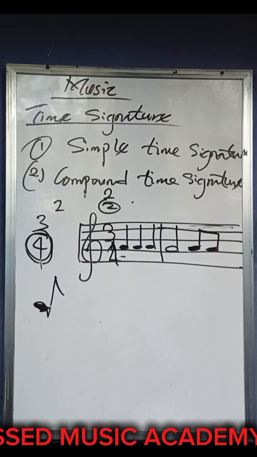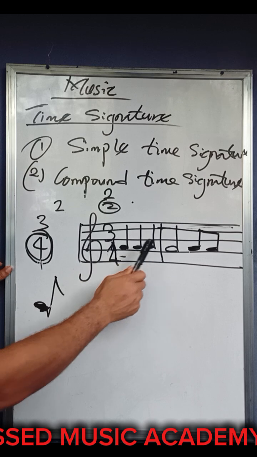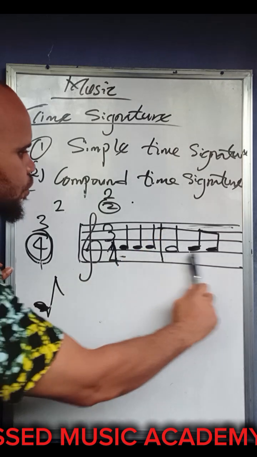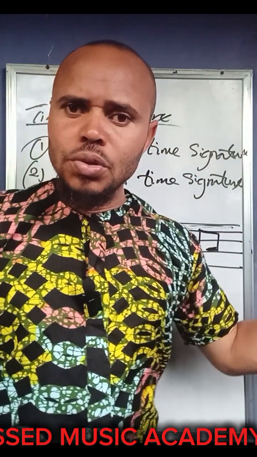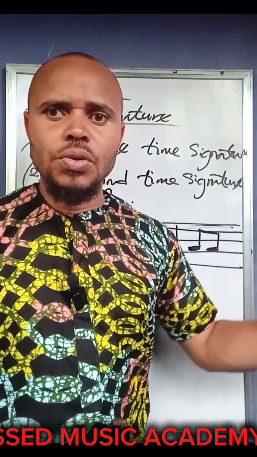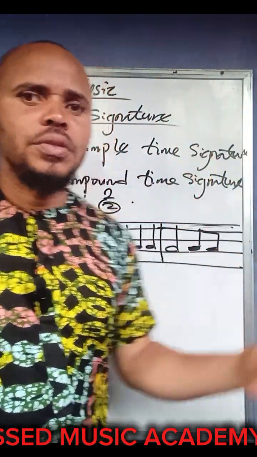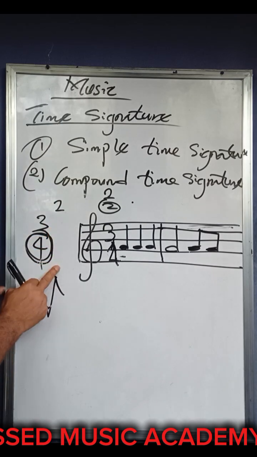I can use 2 quavers, making this bar 3 beats. So I have 1 2 3 1 2 3. Okay, that is how it goes. 1 2 3 1 2 3 1 2 3. That is for 3 4.